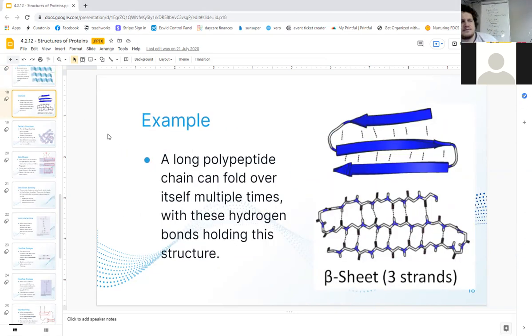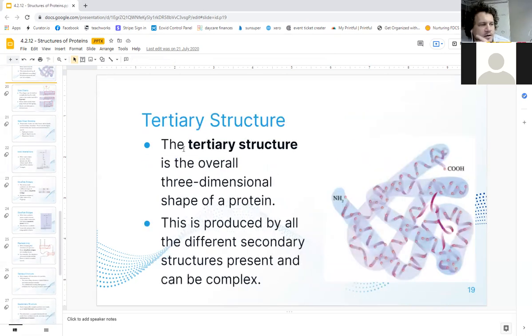So if the long polypeptide chains fold over themselves, because again, it's never going to sit in a straight line because you've got all of this energy there in those bonds that needs to be released or used. Release is probably not the right word. The tertiary structure is the overall 3D shape. Now, this is where the R groups come into play.